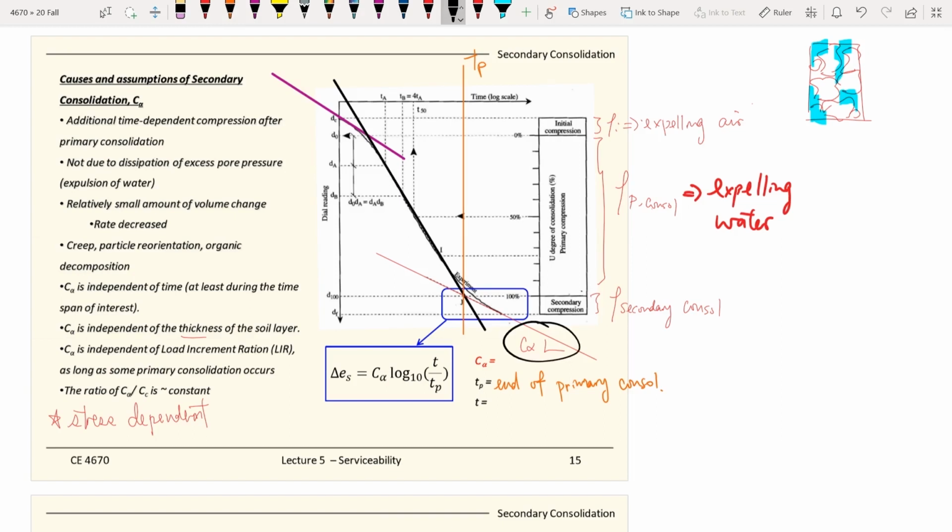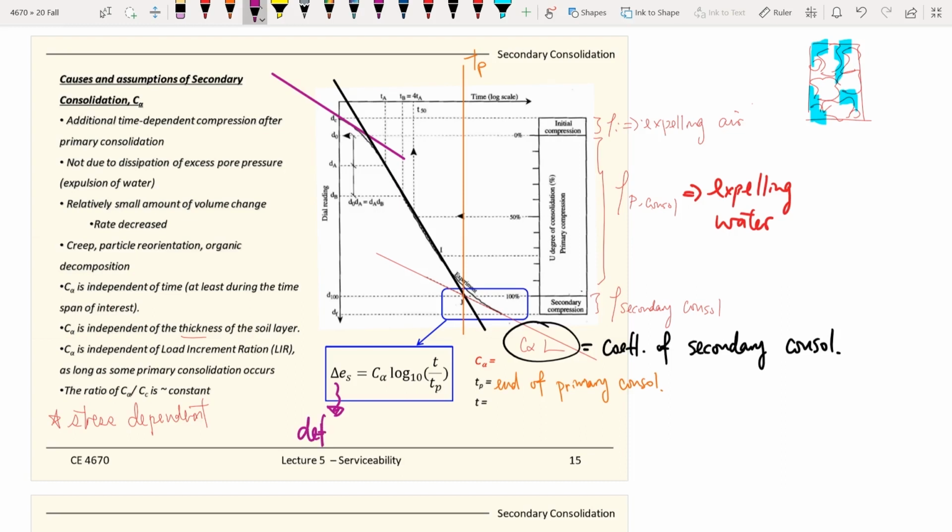This C sub alpha, we call the coefficient of secondary consolidation. So if we can find C sub alpha and if we know the T sub P, then we can calculate the deformations at the time of interest that we want.